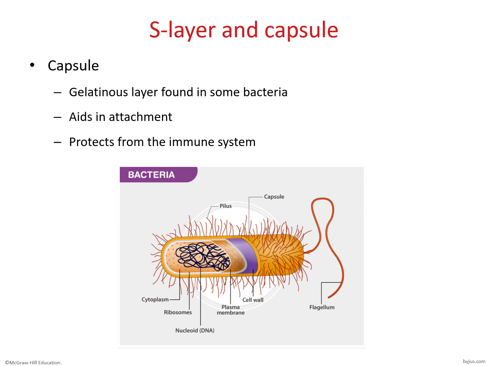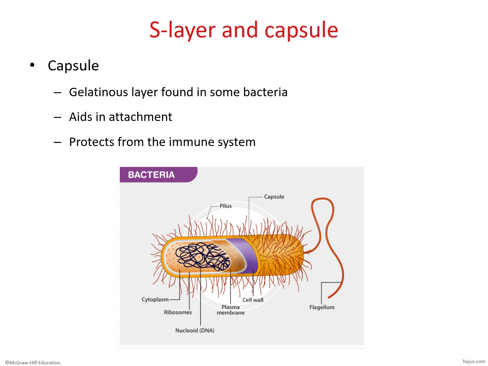This feature is often considered a virulence factor, as it gives an added advantage to the host bacteria, allowing them to evade the host immune system by interfering with recognition by phagocytic cells. So usually when you have capsules, they have the potential to become disease-causing bacteria.